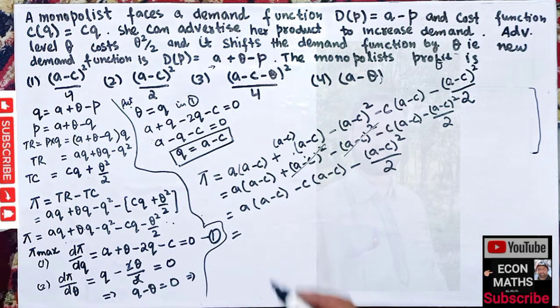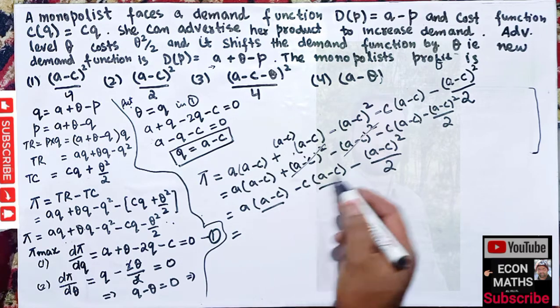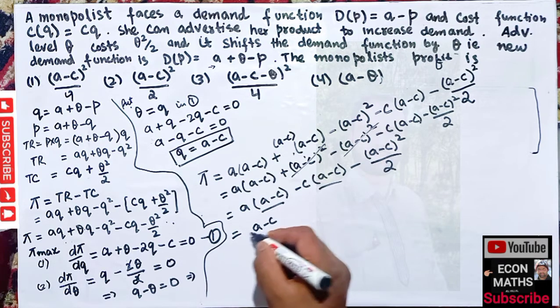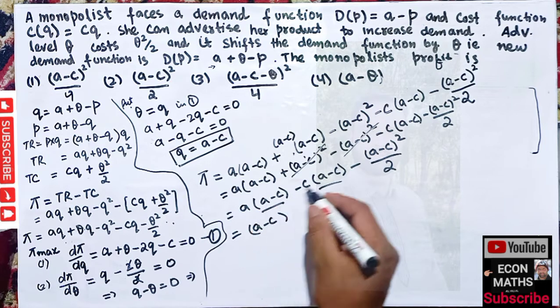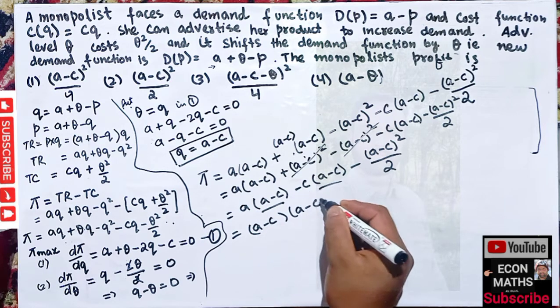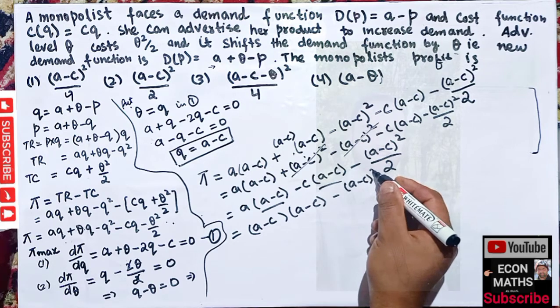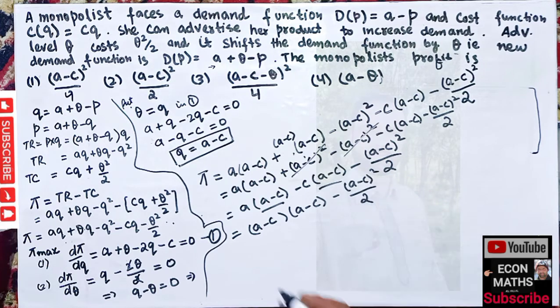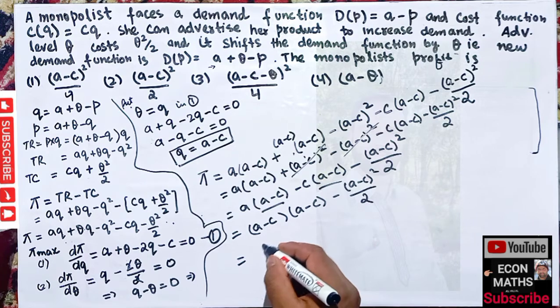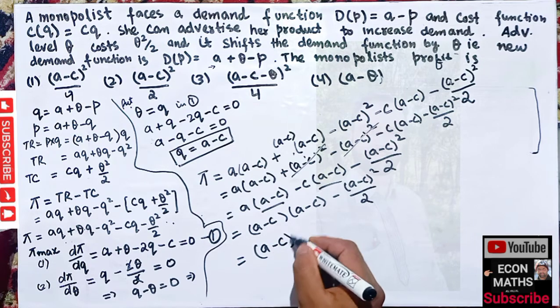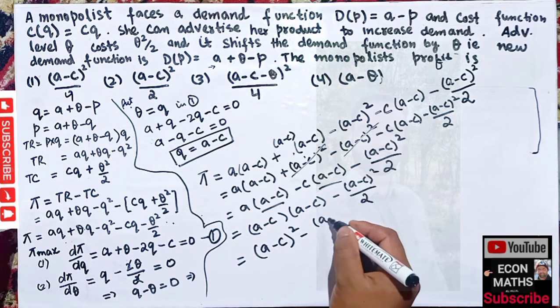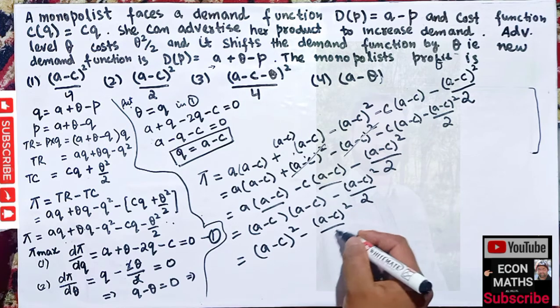Here we can factor a minus c out in these two terms, and a minus c into a minus c is a minus c whole square, minus a minus c whole square divided by 2.